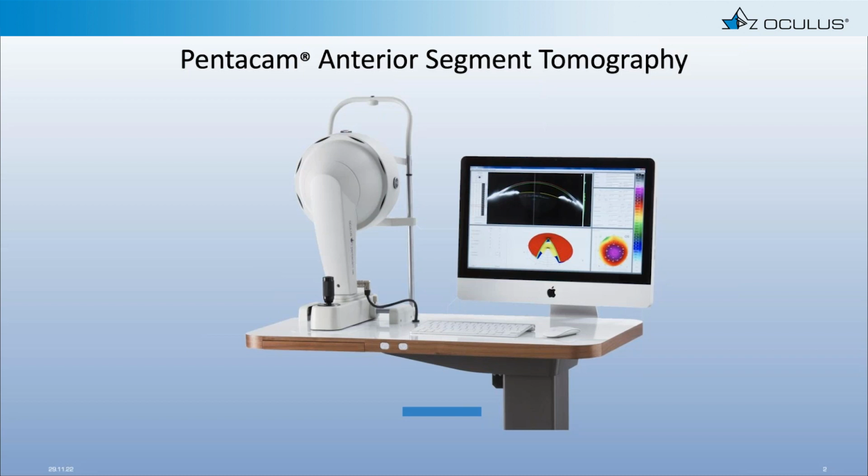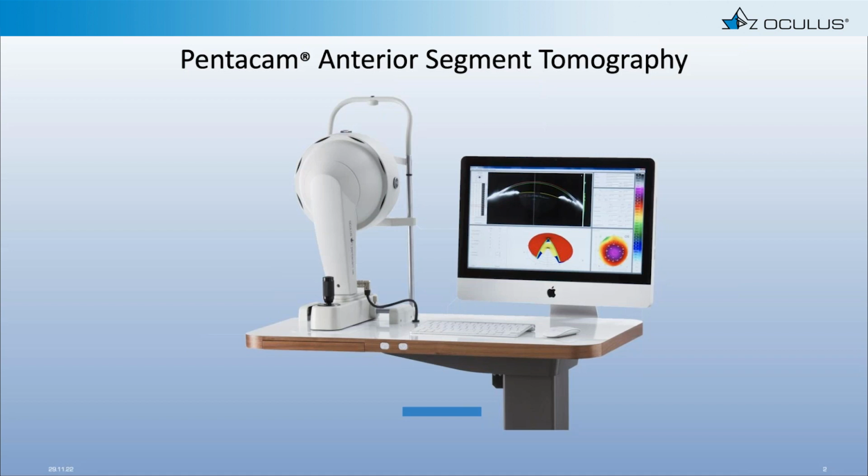So again, just to remind everyone, the difference between a Pentacam and pretty much every other corneal topographer out there: the Pentacam is a tomographer. Instead of the reflection-based imaging that we would get with a corneal topographer with a placido disc and rings, the Pentacam does this with Scheimpflug imaging.